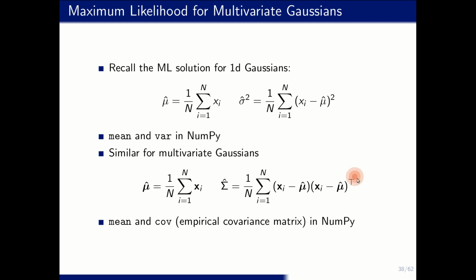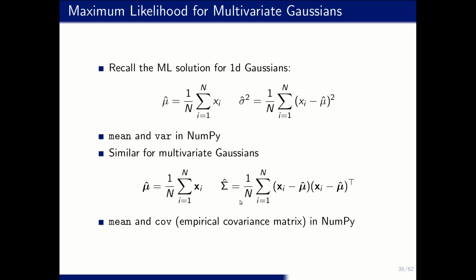So this is a column vector and this is a row vector, which gives you a rank 1 matrix, the outer product of the vector x_i minus mu hat with itself. You essentially just need to average these matrices over the whole data set, and this is the empirical covariance of your data set.